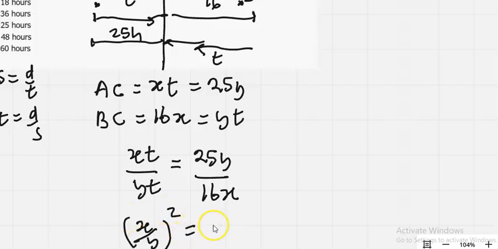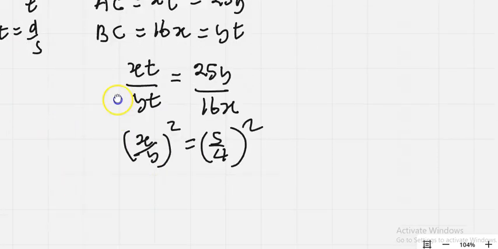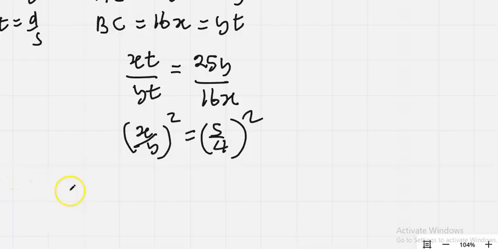And this gives us 5 over 4, because we square 5 to get 25, and we square 4 to get 16. So since they have the same power, x over y equals 5 over 4.